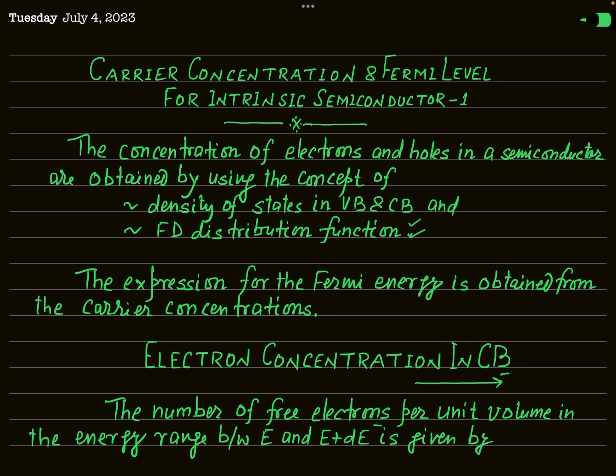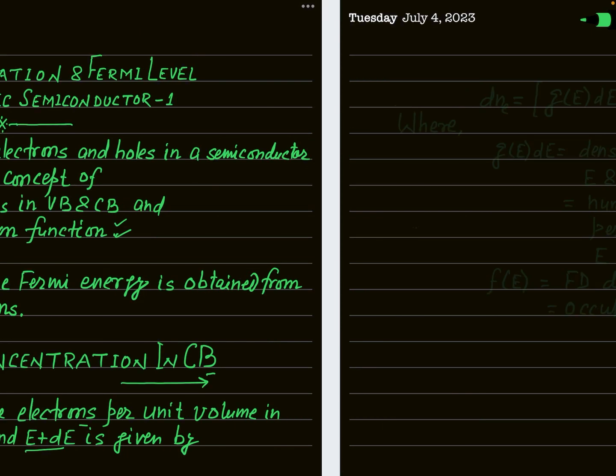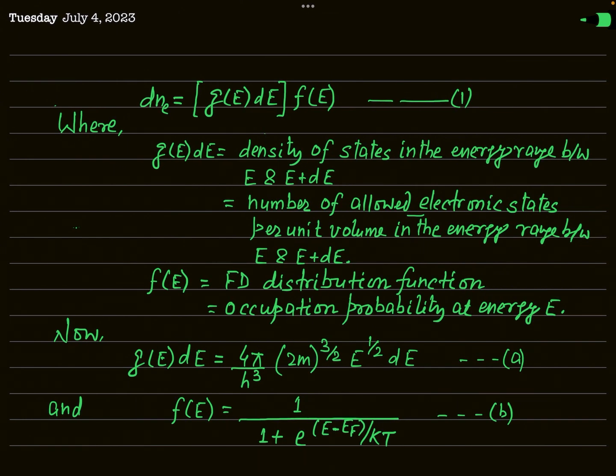And what will be the number of those free electrons in unit volume whose energy lies between E and E plus dE? Actually, this problem you have seen earlier in statistical mechanics and also in the free electron theory of metals. So the number of free electrons per unit volume in the energy range between E and E plus dE, you can remember, is given as dN_E equal to G of E dE times F of E.